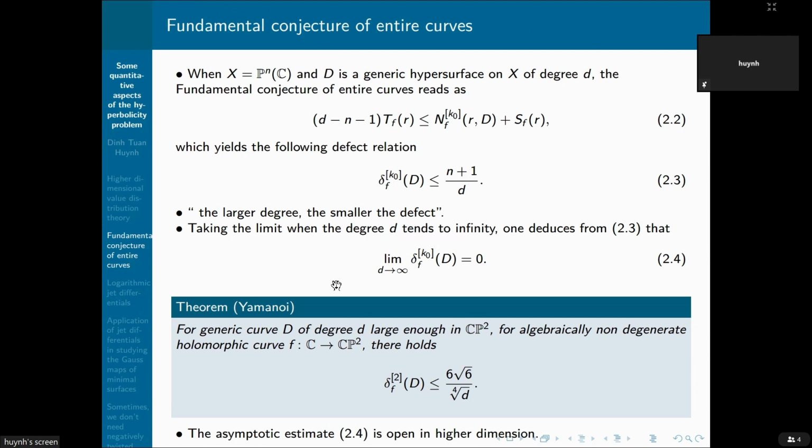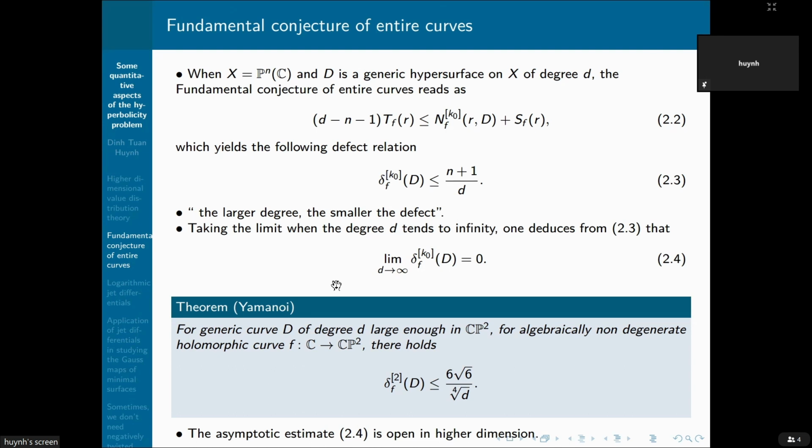So this gives you the defect relation: the defect of f with respect to D is bounded from above by (n plus 1) over d. So it means that the larger the degree, the smaller the defect, which means that the curve meets D very often.